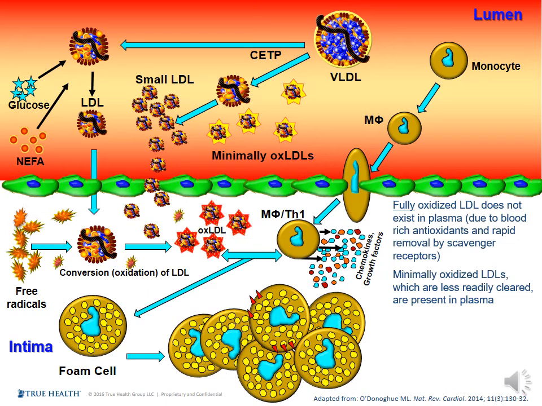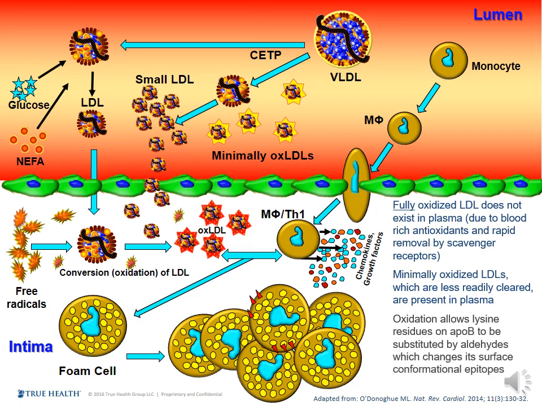So LDL particles tend to accumulate. The oxidation allows lysine molecules on ApoB to be replaced by aldehydes, which changes not only the shape, but, as you're going to see when we talk about the assay, the laboratory uses monoclonal antibodies to bind to oxidized or minimally oxidized LDL particles, and those epitopes depend on the changing shape of ApoB.